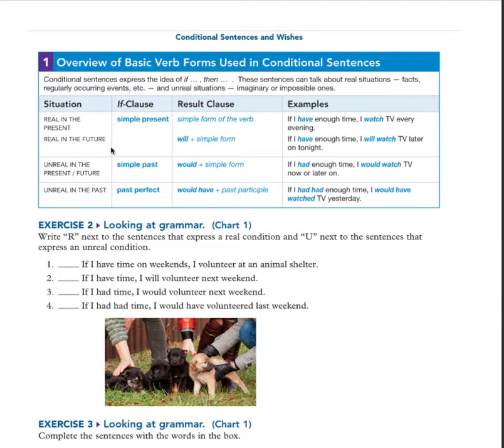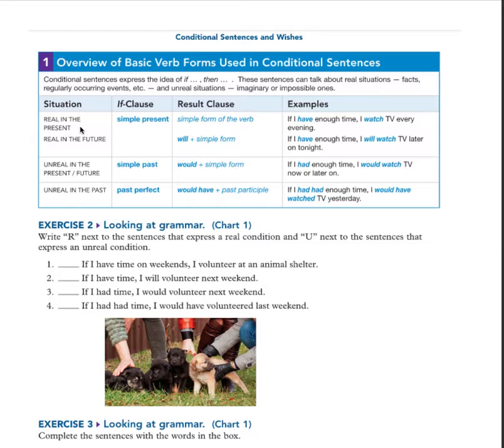Now, if we look at chart 20-1, we have three different situations. And keep in mind, these three different situations are going to be looked at in different charts. For example, if the situations are real in the present and real in the future, we're going to see that on page 428, chart 20-2.